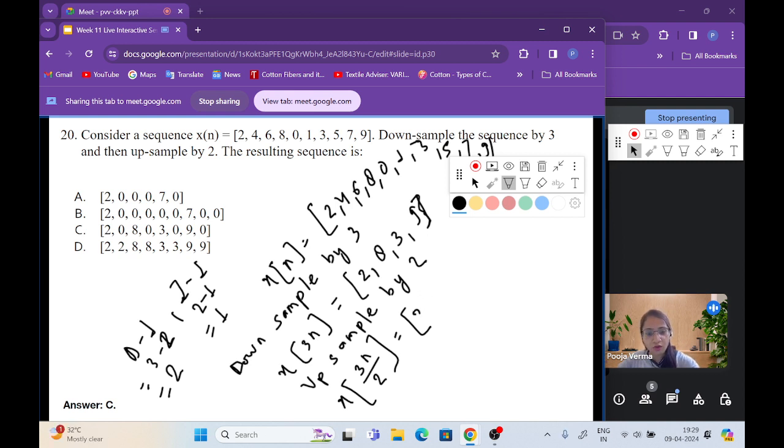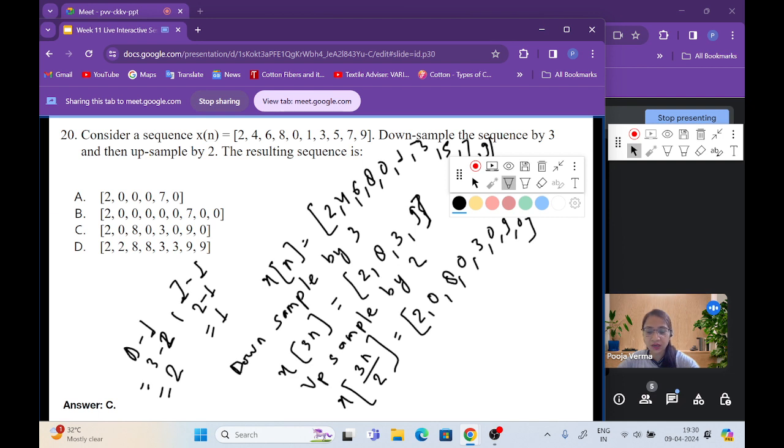So how can we write it? 2, then we have to add 1 zero, then 8, again we add 1 zero, then 3, again we need to add 1 zero, then 9, and after 9 we again add 1 zero. So this is an upsampled by 2 sequence. The resulting sequence after downsampling then upsampling we will get 2 0 8 0 3 0 9 0.